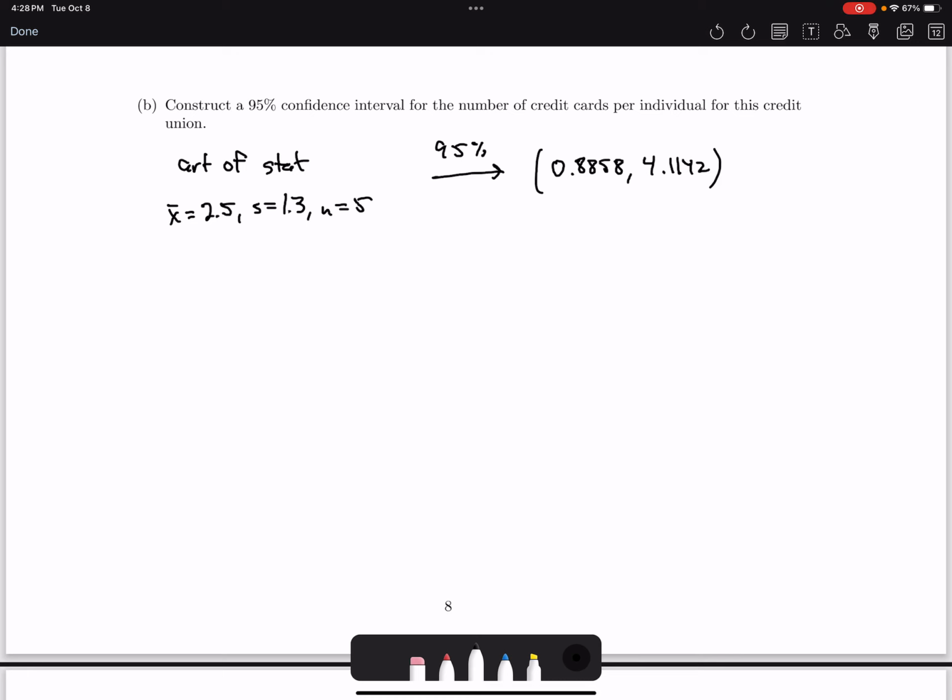We weren't asked to interpret this or anything, so we're done with that. That's the end of that.